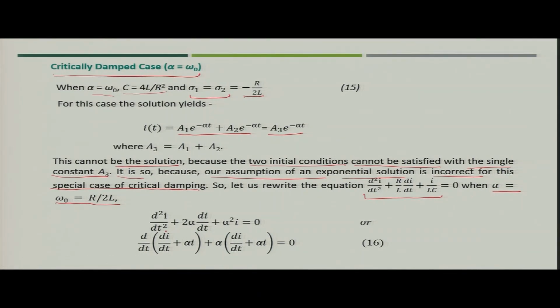When we put this value, our equation becomes d2I by dt2 plus 2 alpha di by dt plus alpha square I, or you can rearrange and say d by dt of (di by dt plus alpha I) plus alpha times (di by dt plus alpha I) is equal to 0. That means, you can separate out 2 alpha di by dt as alpha di by dt plus alpha di by dt, and when you rearrange, you will get this equation.